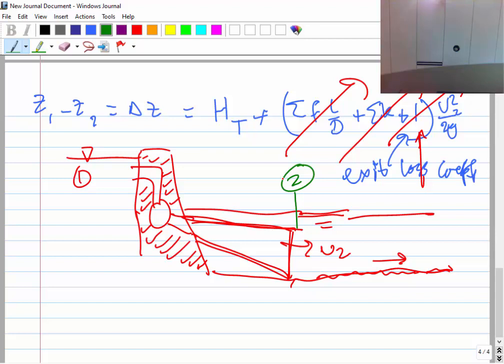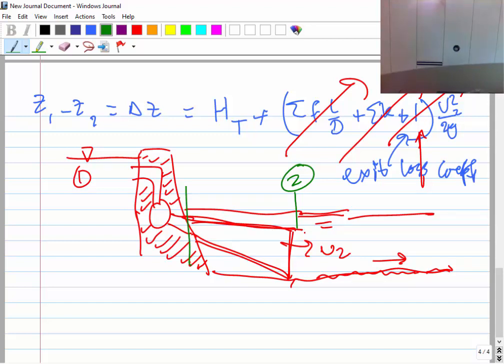So adding this part actually lowered the pressure at the exit of the turbine. So the turbine now, rather than operating between the atmosphere and the atmosphere with just a little bit of delta H, is operating between the atmosphere and negative the atmosphere. So adding this lowered the pressure over here.